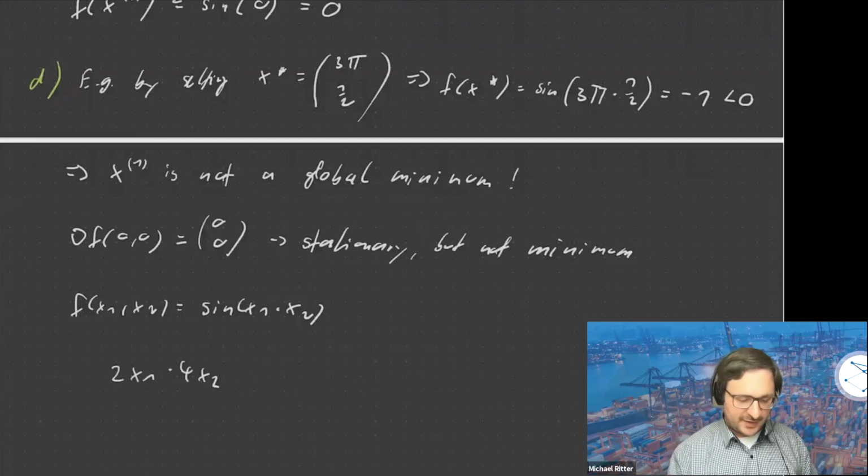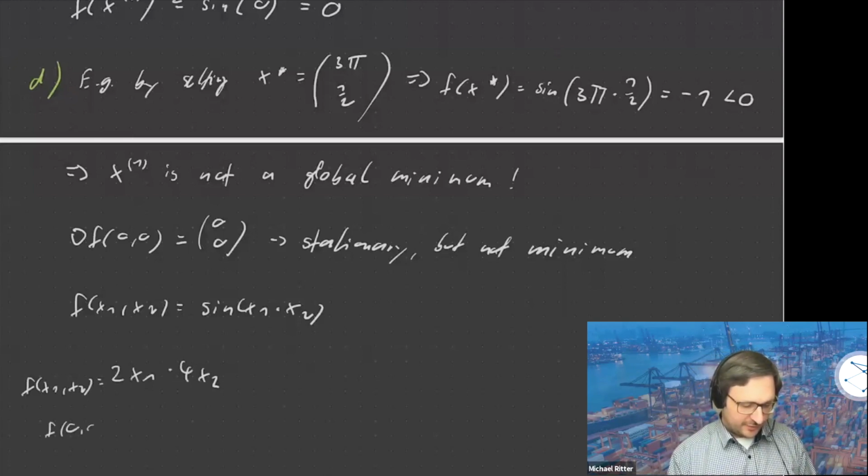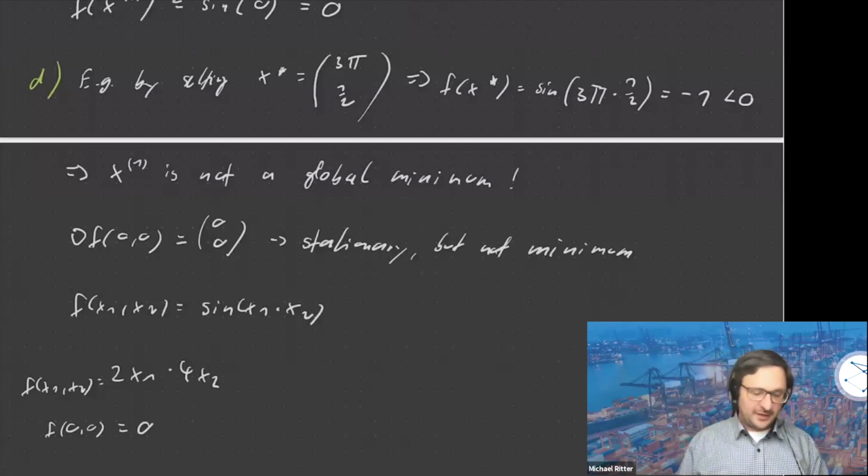So if instead of the sine function we have a function like this here, then of course we could still say, well, the function value at the current point 0, 0 is obviously 0. So if you want to know whether this is a global minimum, then the question is, are there points with lower function values? And of course there are points with lower function values.